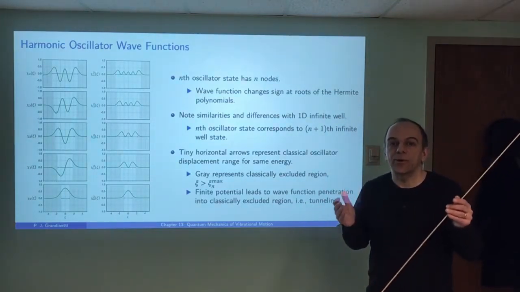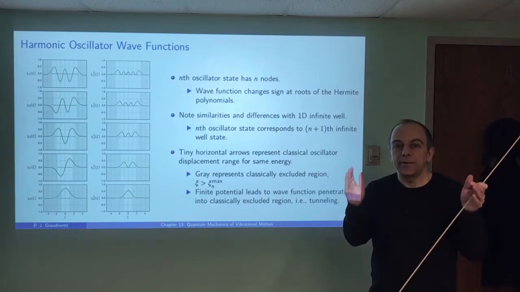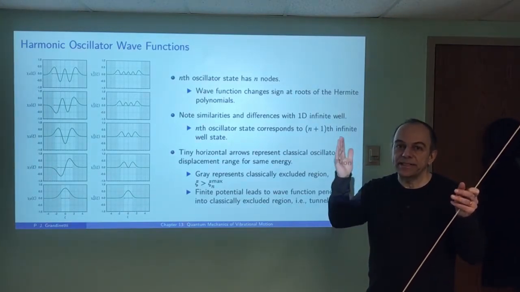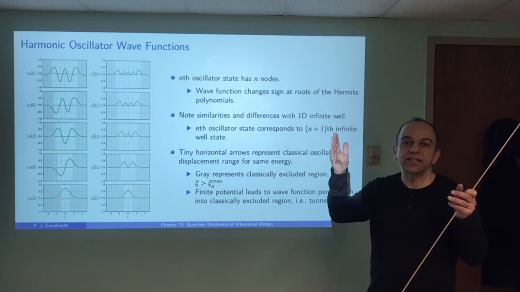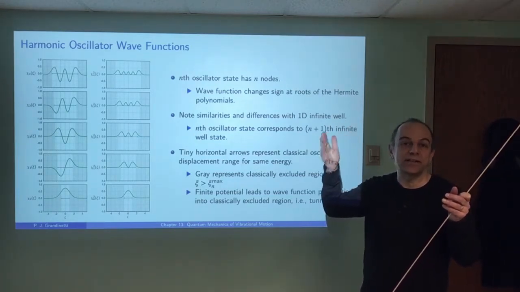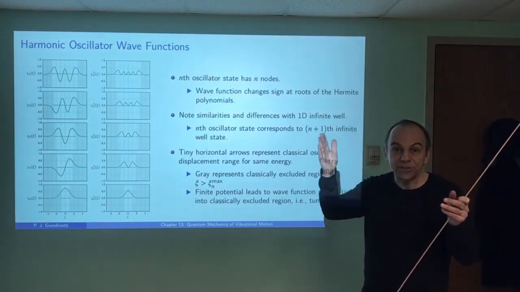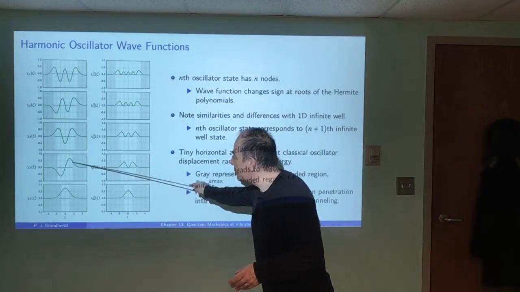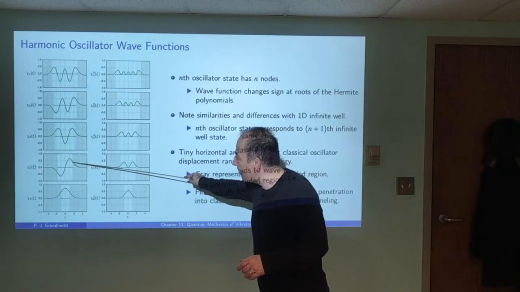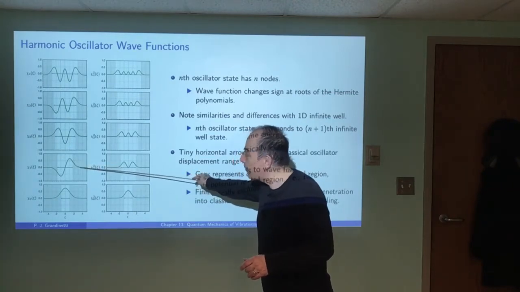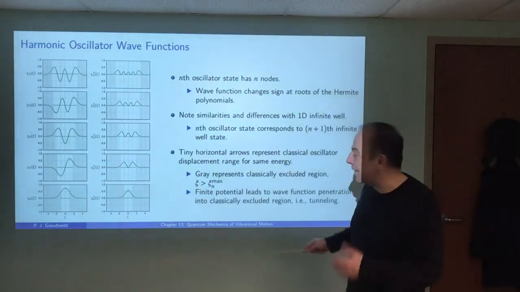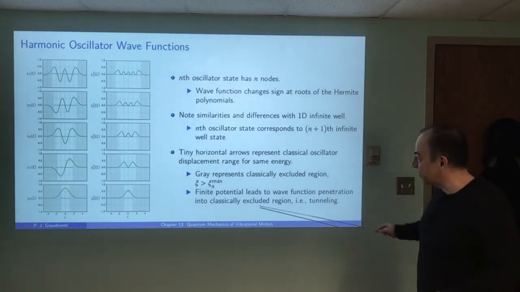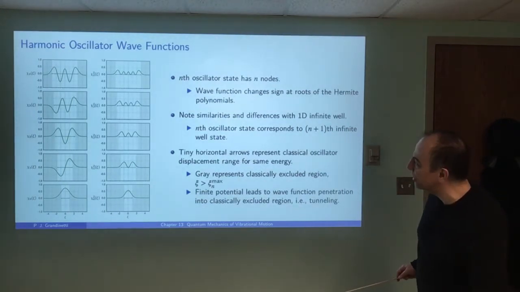In the classical treatment of the problem, once the total energy reaches the potential energy and there's no kinetic energy left, the particle stops and has to go back. Here, it will reach a point associated with a potential energy that matches its total energy, and then it will have a probability that extends beyond that a little bit. And that's this classically excluded region.